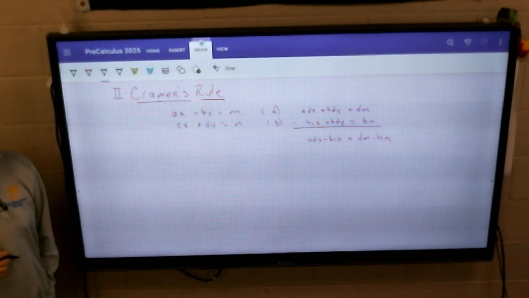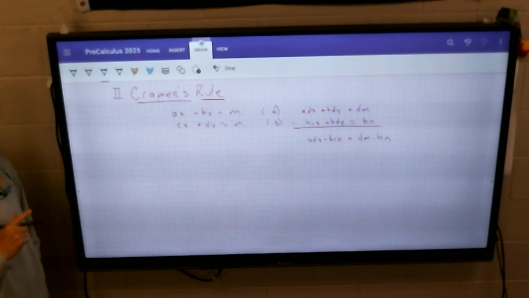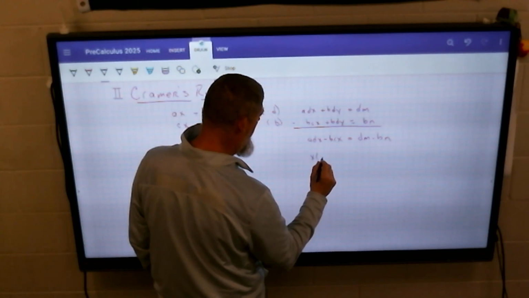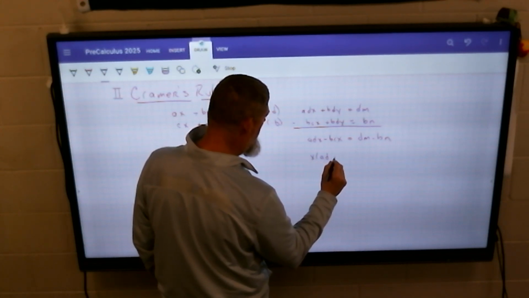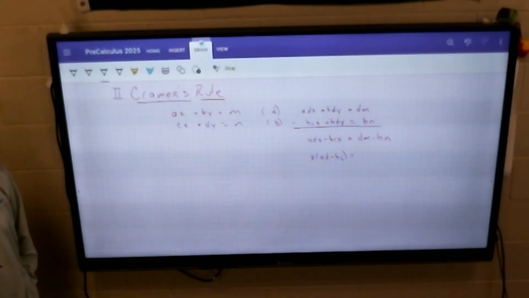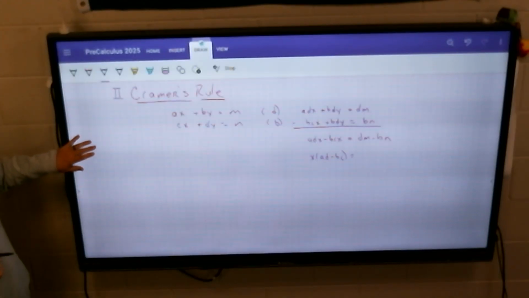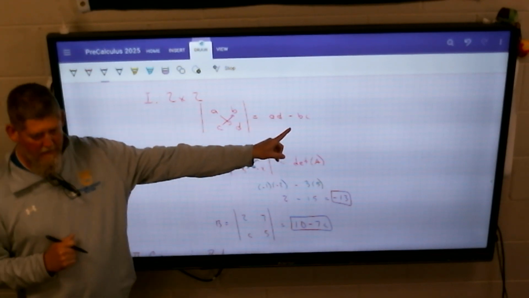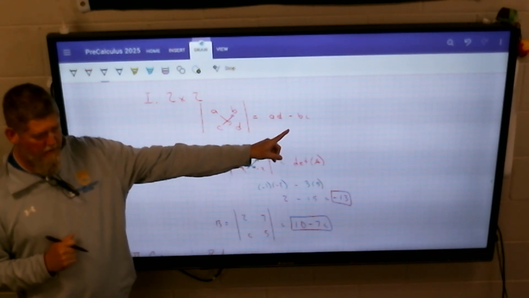Now, what does the left-hand side have in common? ADX and BCX both have an X in common. So let's factor out an X, and I'm left with AD minus BC. Have you seen AD minus BC anywhere before? Oh, right, determinant.